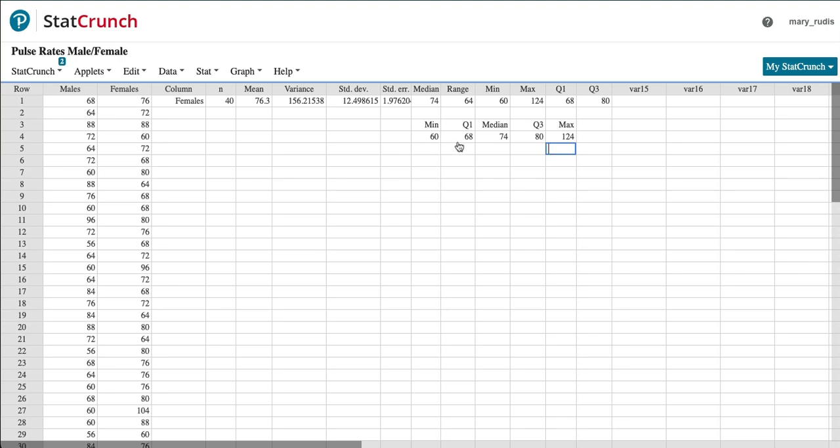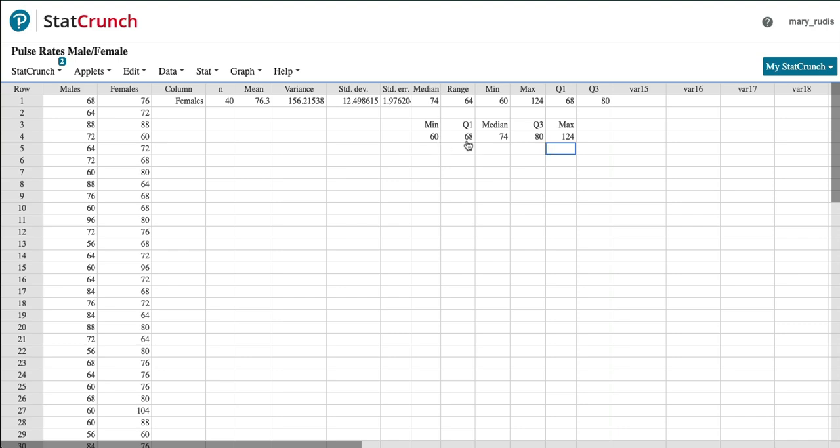And this is just a sample, so these numbers are a random sample of females, and it does give you a little bit of an idea of relative standing, because you can see what numbers should be in the first 25%.